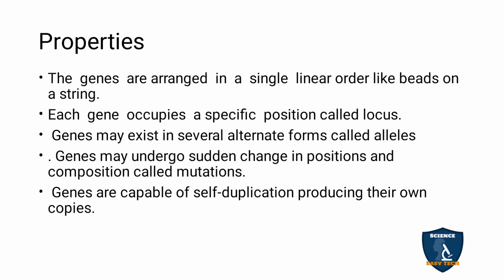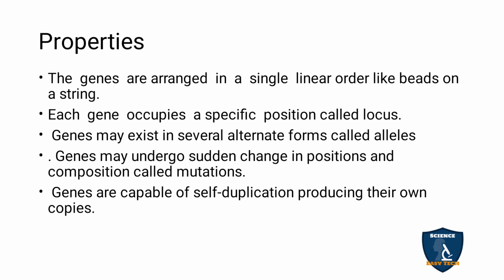Duplication means doubling, multiplying or replicating. So all the meanings are the same. Because of producing their own copies only, the genes are transmitted to the next generation, to the next offspring, from one generation to another generation.